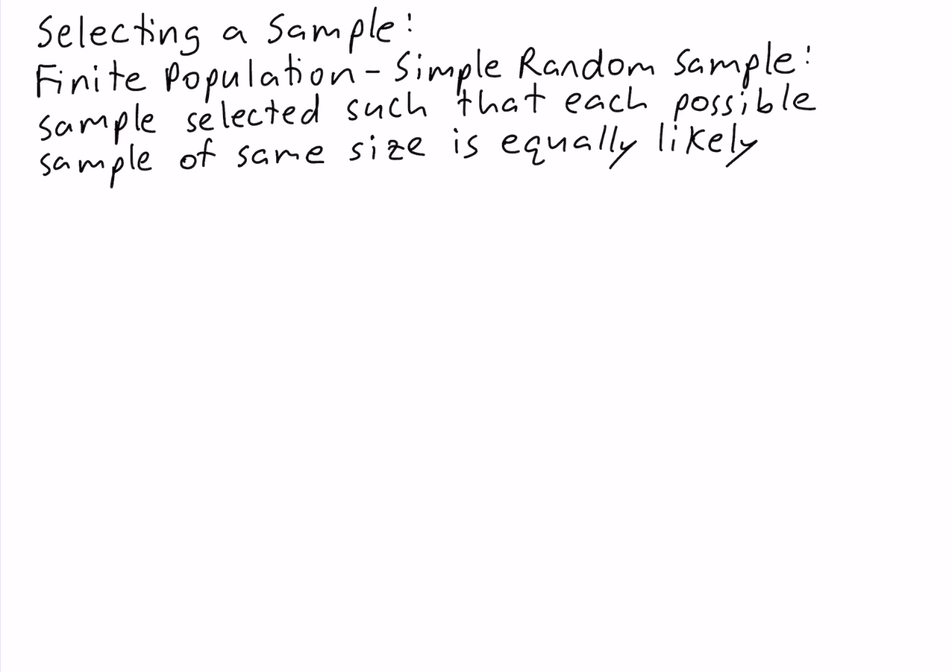So for example, if we're taking samples of size 10 from the population, every possible sample of size 10 has the same chance of being selected. Now let's take a look at an example.